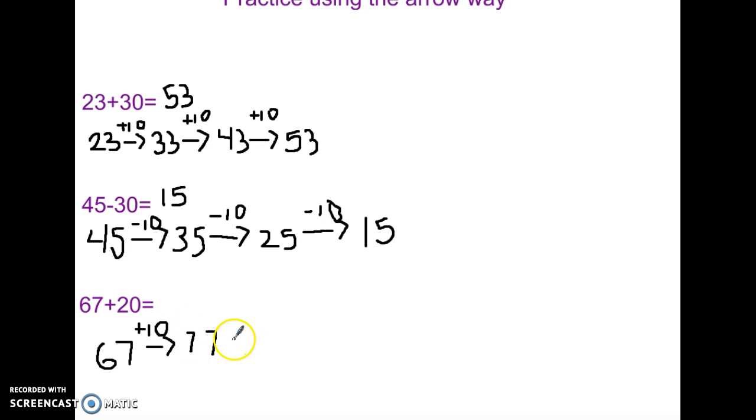And then another arrow, plus another 10 equals 87? Are we done? Yeah, because 10 plus 10 is 20, and that's what we had to add. So our answer is 87.